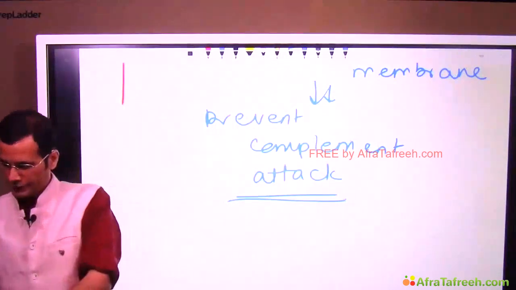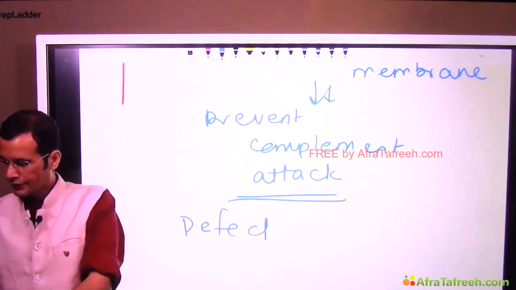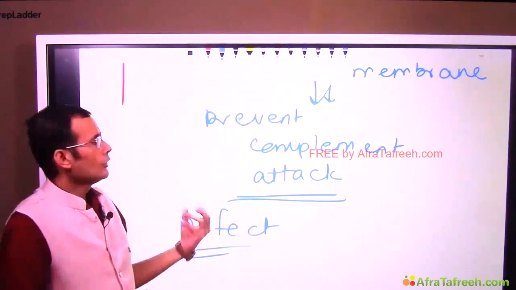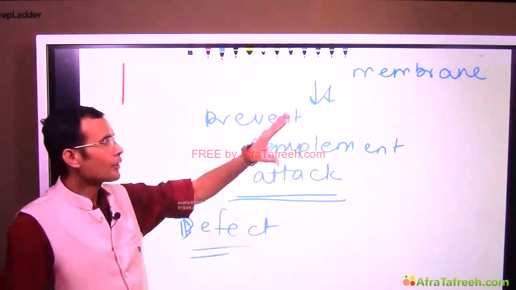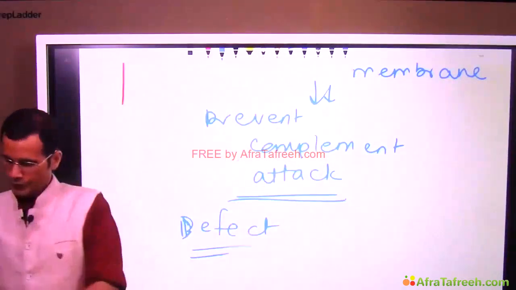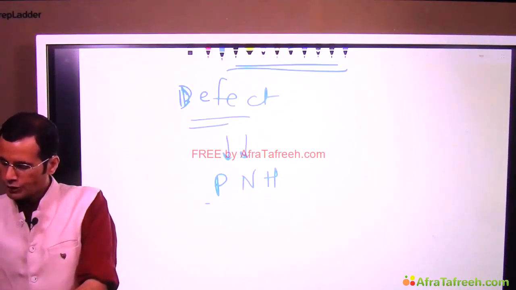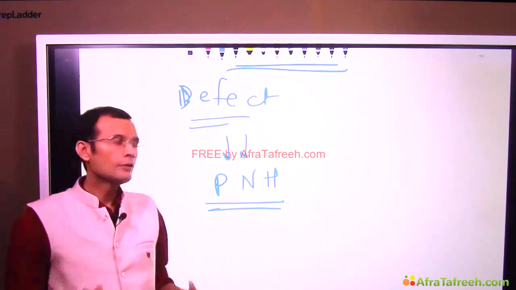And if they are defective, a genetic defect of these proteins results in paroxysmal nocturnal hemoglobinuria. Why?